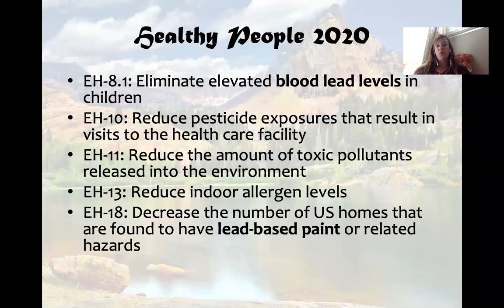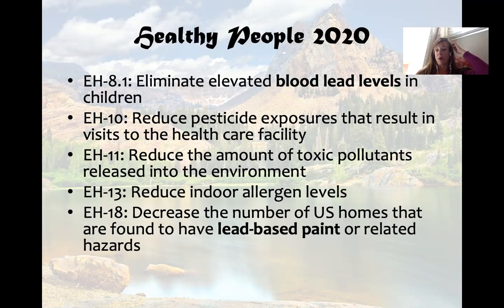So Healthy People 2020, I know we're going to Healthy People 2030, but for Healthy People 2020, so for the last decade, you know that they have set out a whole wide variety of objectives for how we can achieve public health in different categories. I've pulled out just a few here related to environmental health. That's the EH at the beginning.